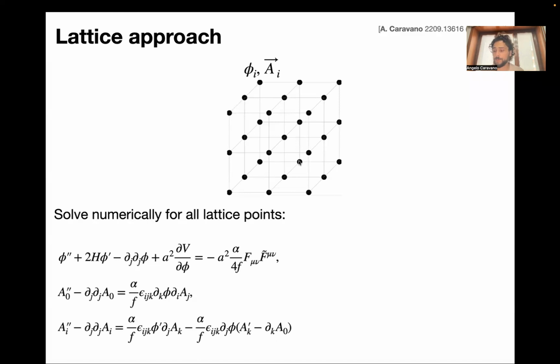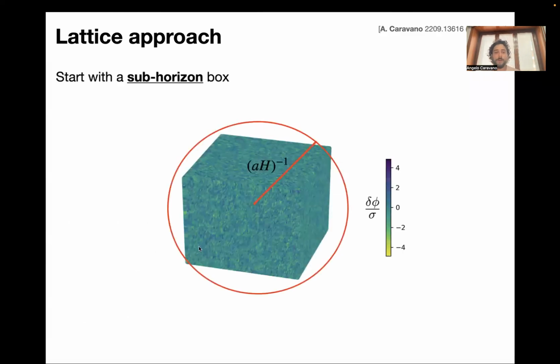That's very, very briefly. These are what the equations look like in this model. You don't have to remember them. There's just one equation for the scalar field and some equations for the gauge field components. The way it works in practice is that we take a little patch of the inflationary universe that, at the time we start the simulation, is smaller than the Hubble horizon at that time.